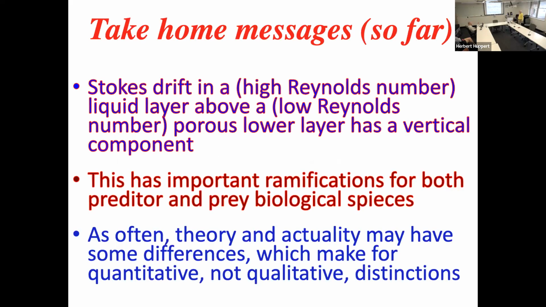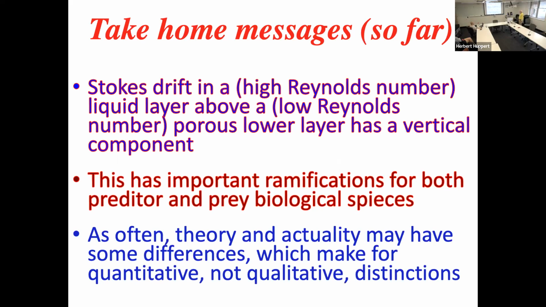Anyhow, the take-home messages are that Stokes drift in a high Reynolds number liquid layer above a low Reynolds number, as pointed out, porous lower layer, has a vertical component, and that's really important.